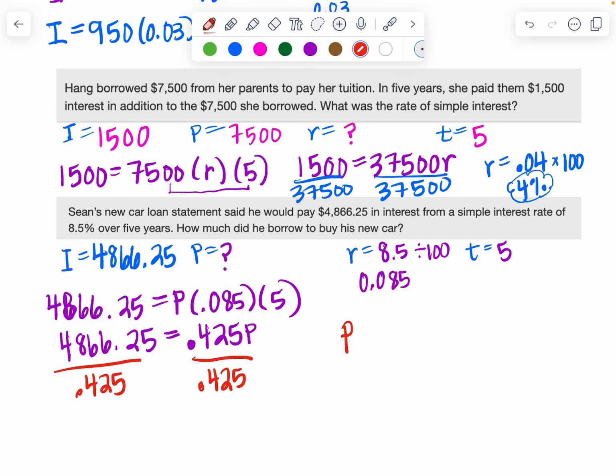And we would get that P is $11,450. So he borrowed $11,450, and of that, $4,866 is just toward interest.